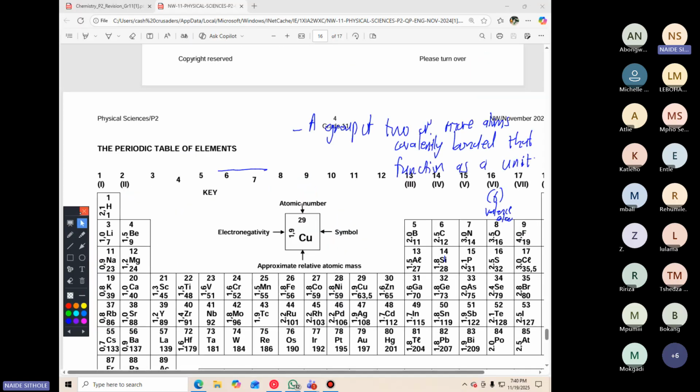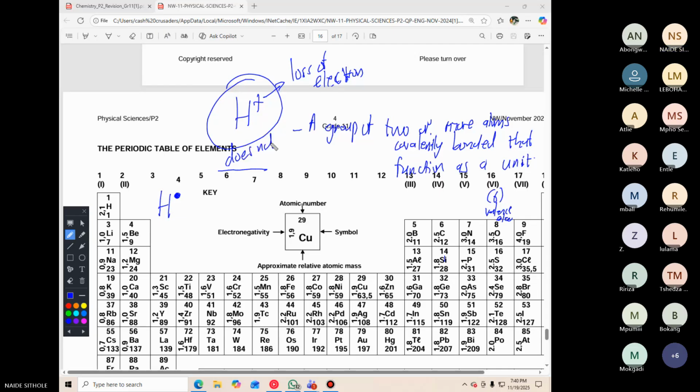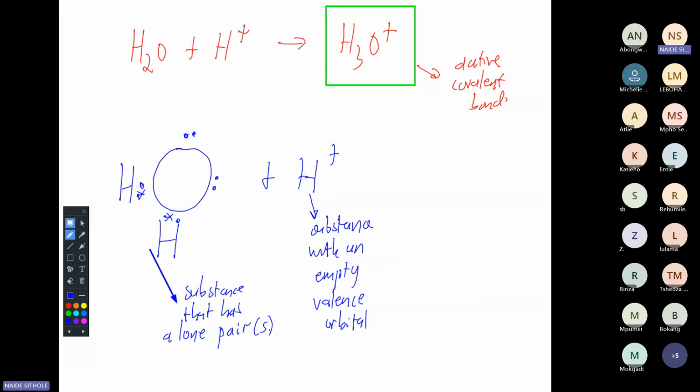Hydrogen is supposed to have 1 electron. But when we say it's H plus, it means that it's even missing that 1 electron. Lo plus lo indicate loss of electron, right? So if this is H plus, that means this hydrogen ion does not have an electron. It's missing that 1 electron that it's supposed to have. So meaning if it doesn't even have that 1 electron, it has an empty valence orbital.